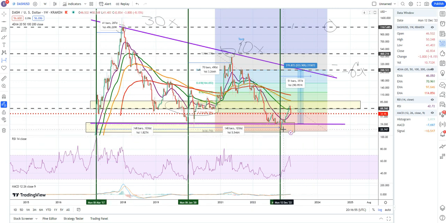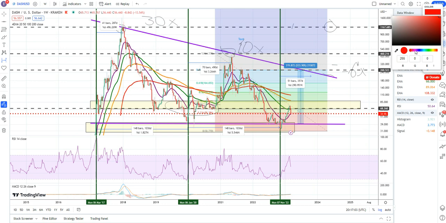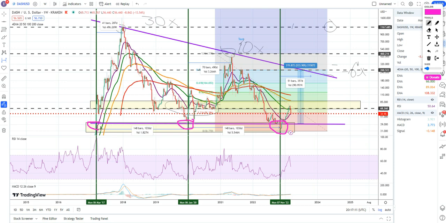So why did Dash start to move up? Because its cycle is completed, guys. This is where the Dash cycle completed. So its cycle was completed somewhere around November 7, 2022.